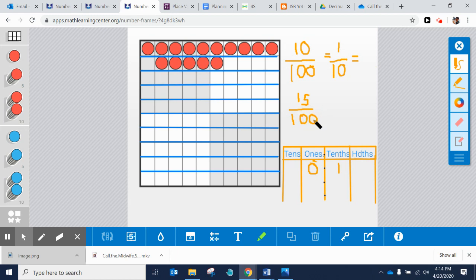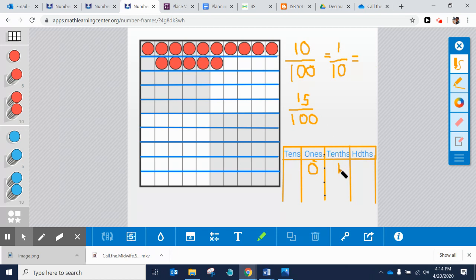And once again, it doesn't matter about the ones column because we know that we're not going to fill this in. So it's not a whole one, so it's always going to be 0 point something. So we've got 1 whole tenth coloured in.